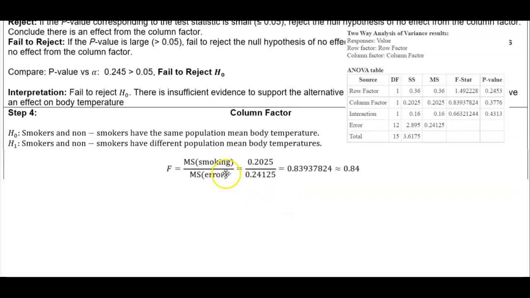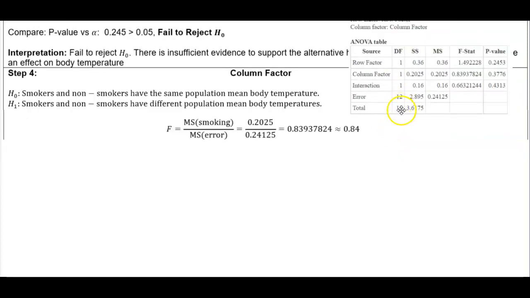So for the test statistic, we're looking at the mean squares for smoking, which is the column factor, which is 0.2025, and we're dividing it by the mean square error of 0.24125, which gives us a test statistic of 0.83937824. Rounding it to 2 decimal places gives us 0.84.